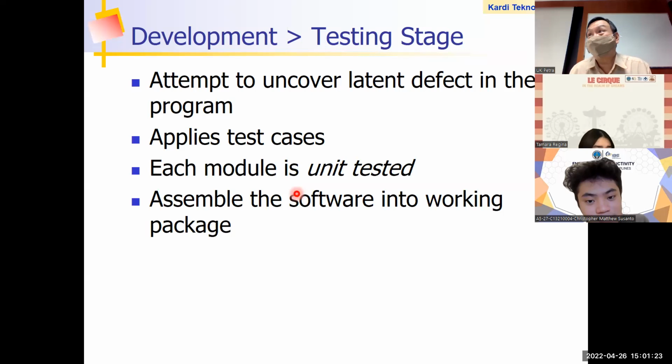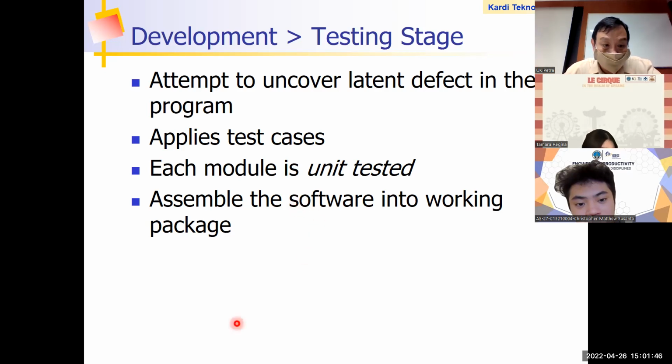They are called software testers. This is a very big demand also in the software industry. Their job is only to test and create unit tests to create automatic testing. After the software is tested, they put it aside and assemble it into a working package.